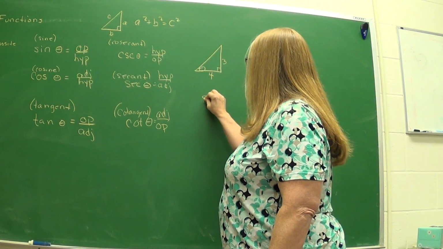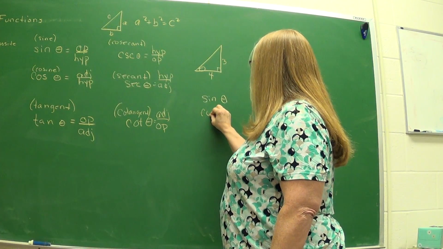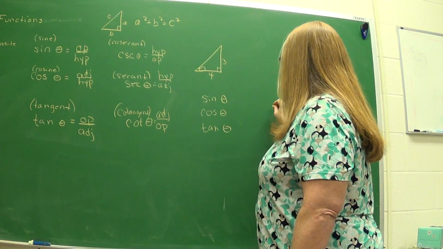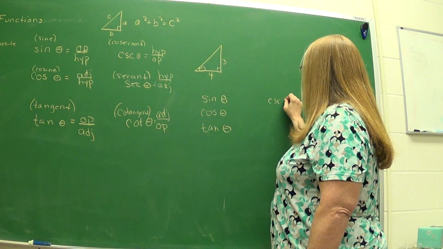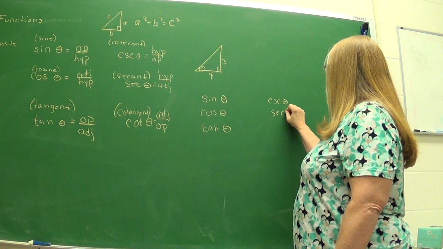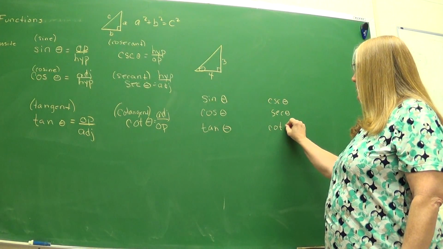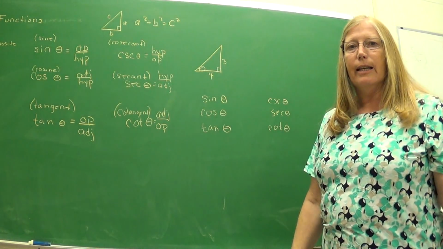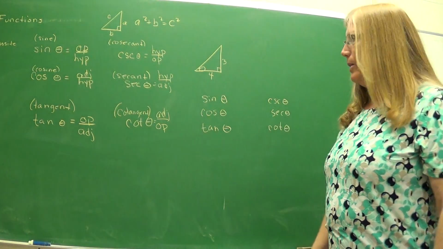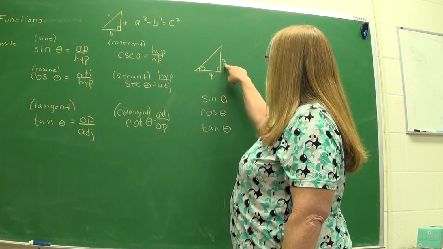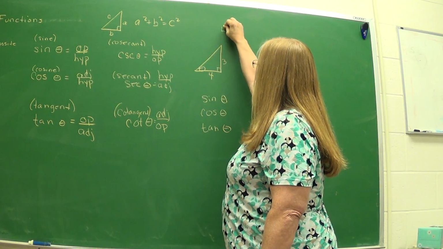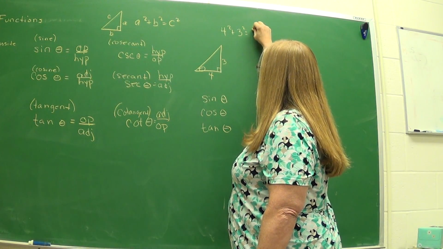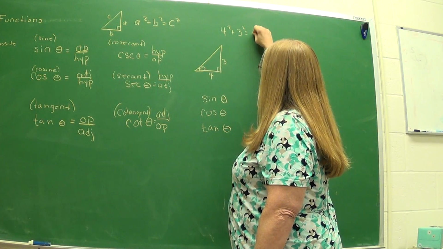So I want sine of theta, cosine of theta, tangent of theta, as well as the flips, cosecant theta, secant theta, and cotangent theta. In order to do that, I need to have a number for all 3 sides, and this is where the Pythagorean theorem comes in, where this is A, B, and C, so A squared plus B squared equals the hypotenuse squared, so I'll call it C squared.